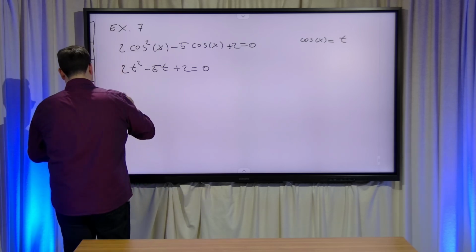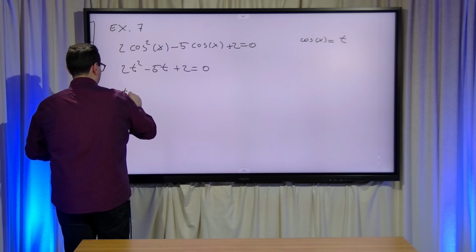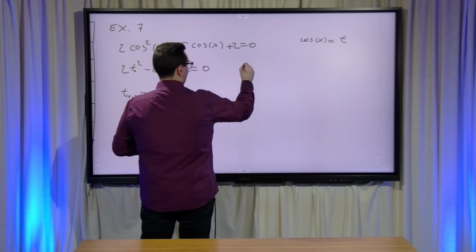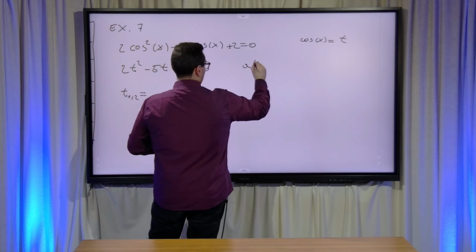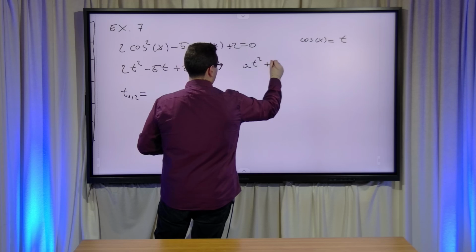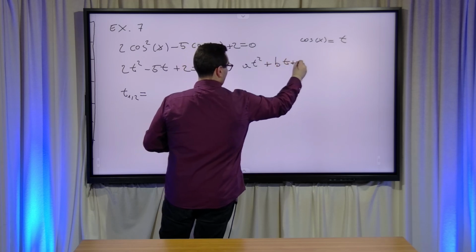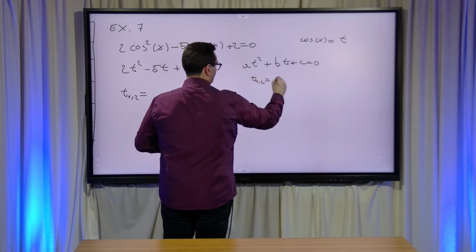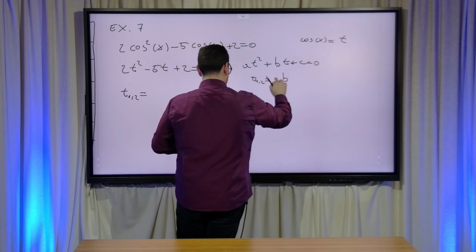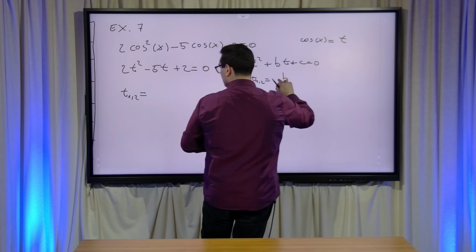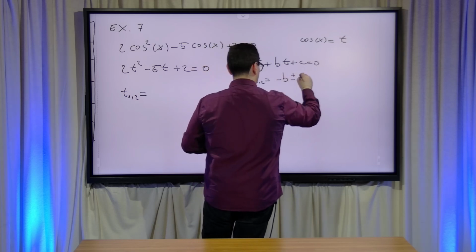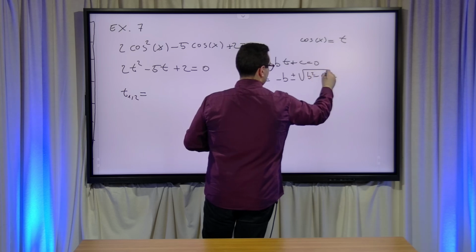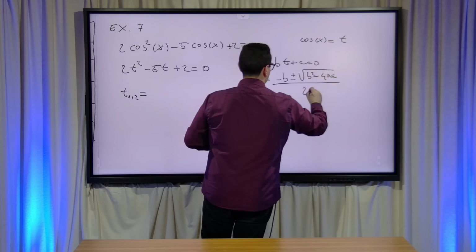So I have this kind of equation. And t1,2 is given by minus b plus minus the square root of b squared minus 4ac, divided by 2a.